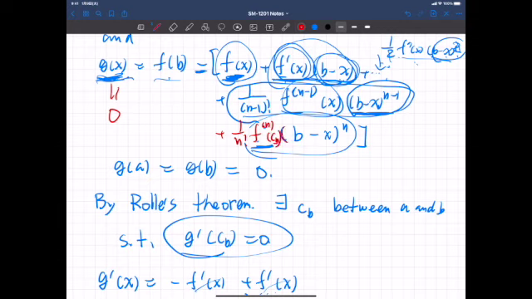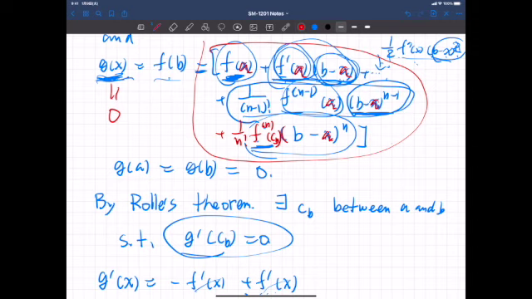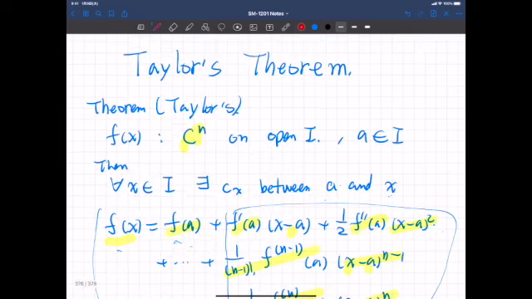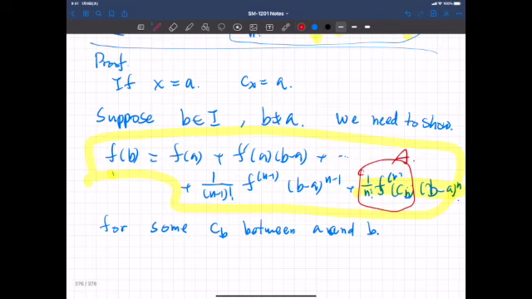So all the x's are replaced with a. So that, and put everything on this side to the left, and we have f(b) equals to this. And that is the equation to be proved here.